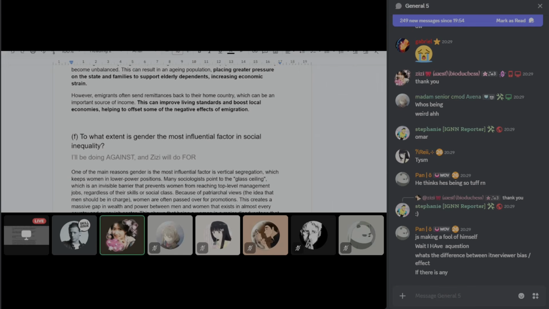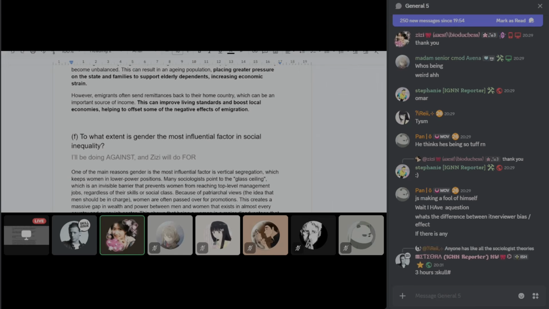It's when stereotypes or unconscious preferences cloud an interviewer's judgment, which makes it more subjective. Interviewer effect is when the person being interviewed is affected by the interviewer's ethnicity, age, class, and so on. Basically, features of the interviewer affect the interviewee's answer.